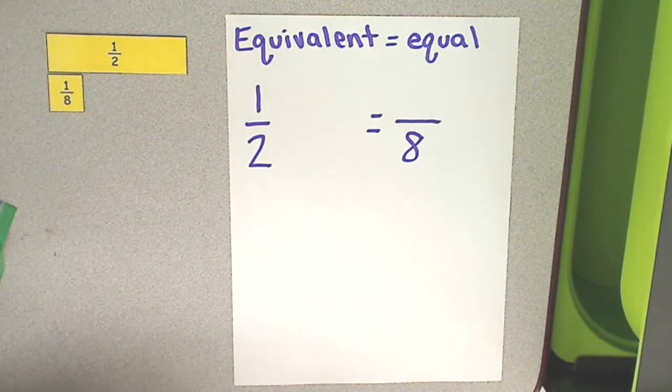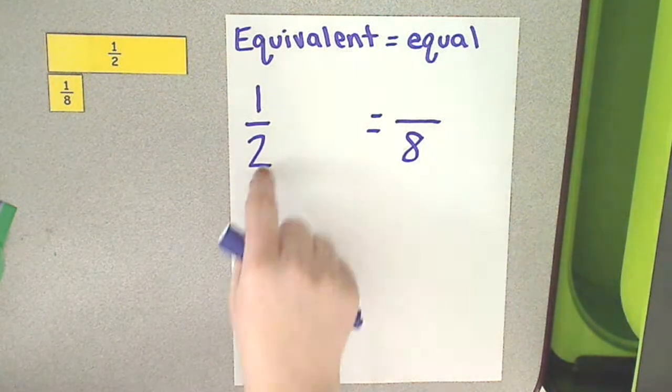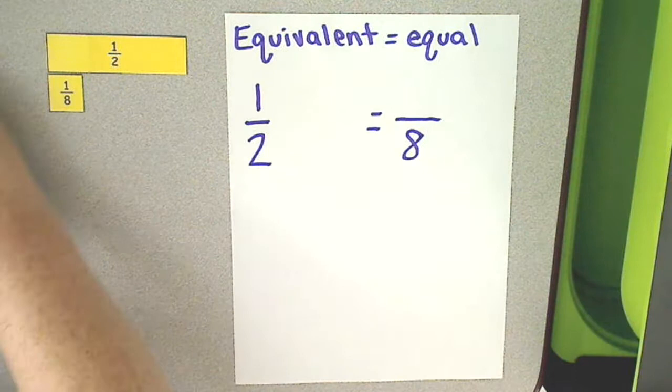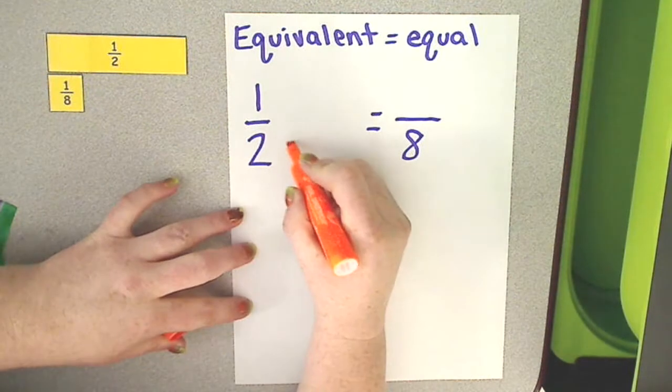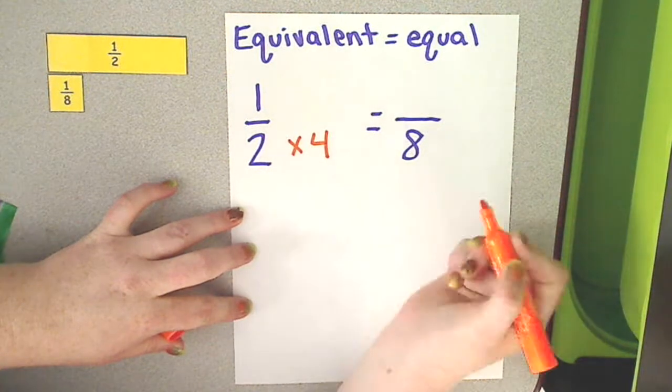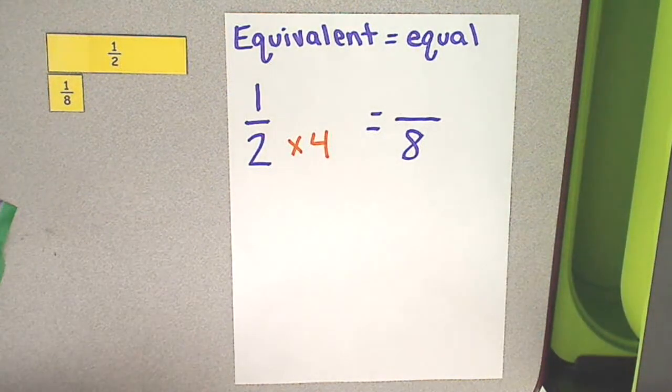Now, when I look at this, I understand that there's a correlation between 2 and 8. I know that, especially if we're talking about multiplication, that 2 times 4 equals 8. And when you're working with fractions, whatever you do to the bottom, you must do to the top.